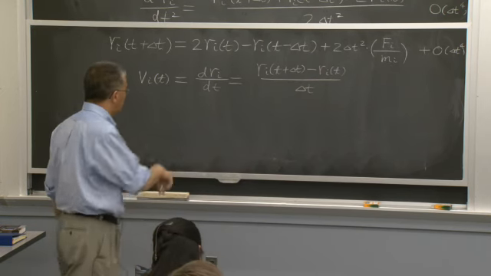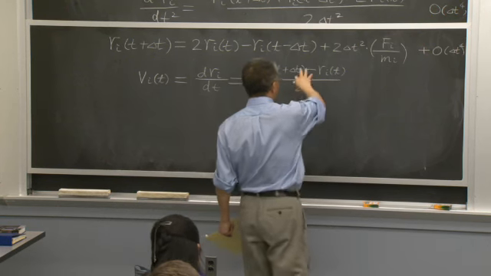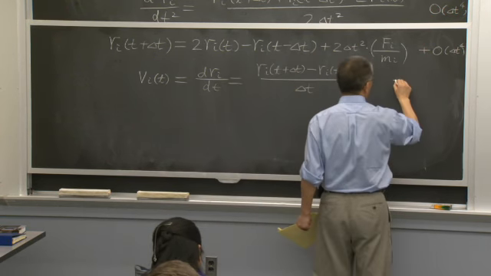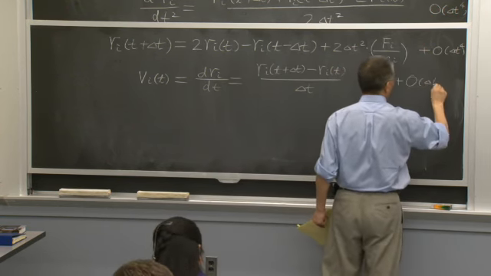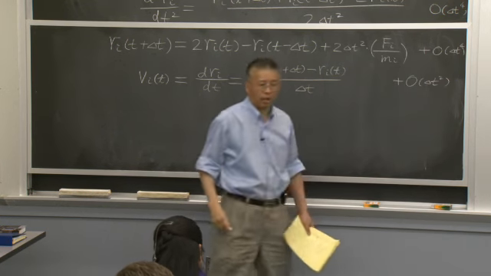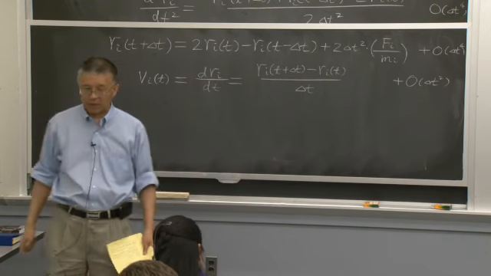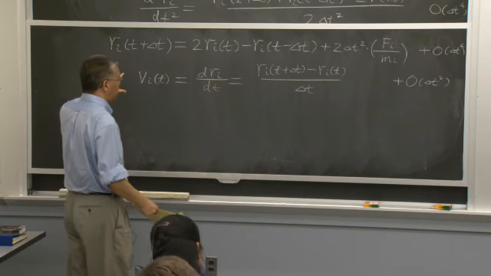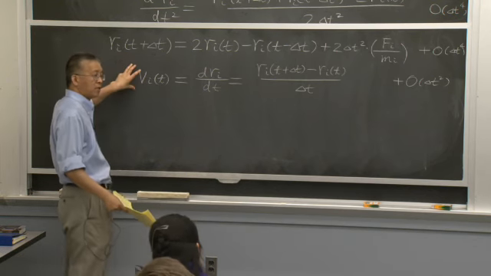The disadvantage of this compared to central difference is that this accuracy is lower. It's only delta t squared.